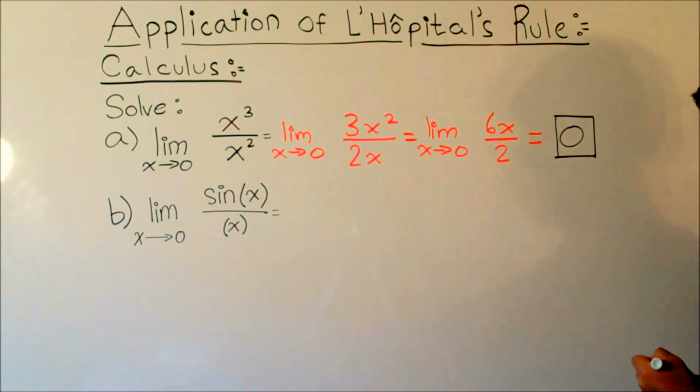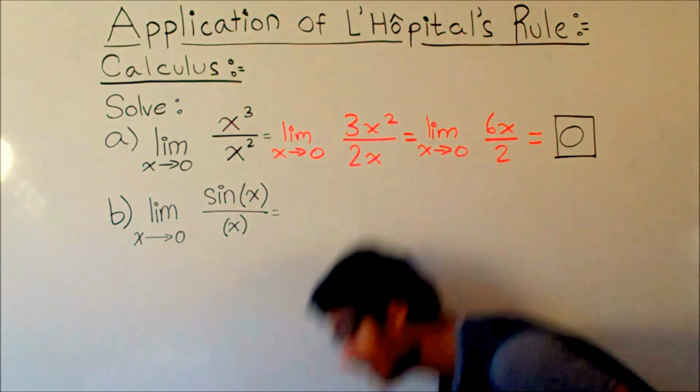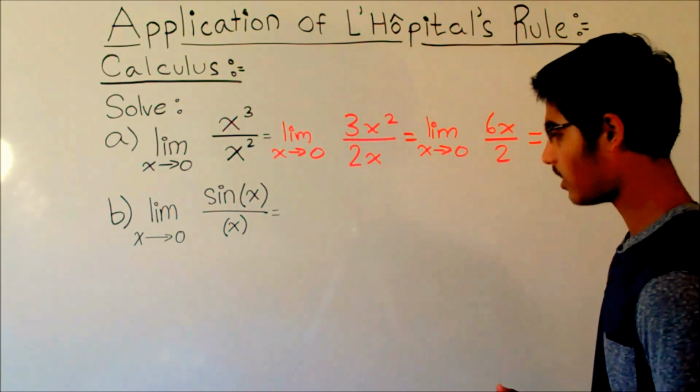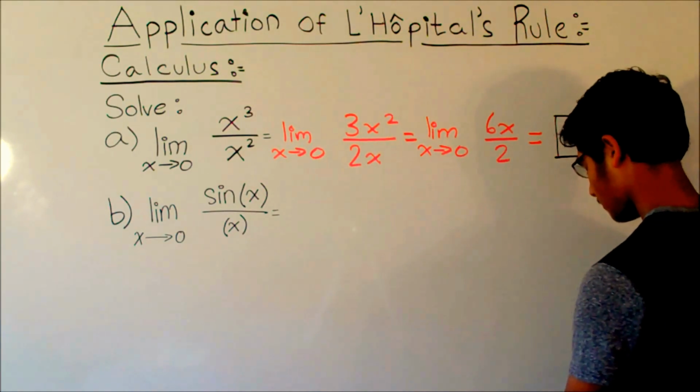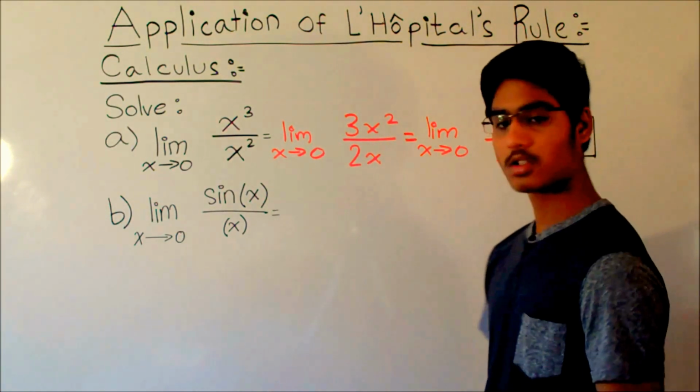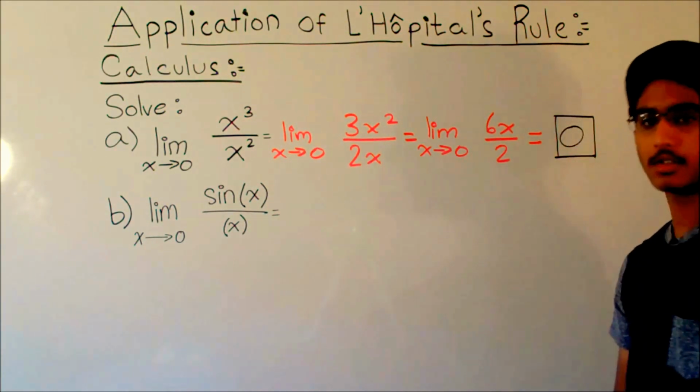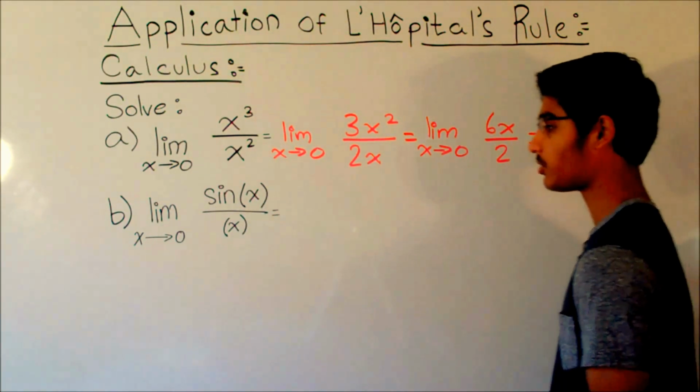Now let's move on to problem B. In problem B, we have sine of x over x. Once again, if we plug in 0, we get 0 over 0. So what do we do? Well, we use L'Hopital's rule again.